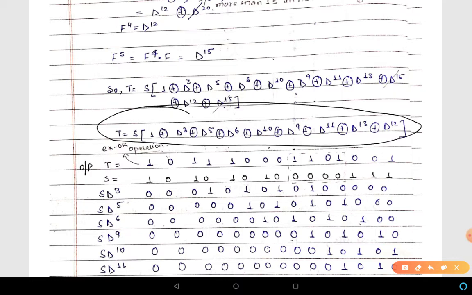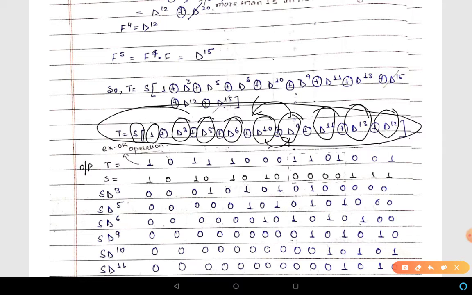So what is this equation? In this equation s is taken as common, that is why it becomes 1, d cube, d5, d6, d10, d9. We can write d9 first and d10 later, then d11, d12, d13 and so on.